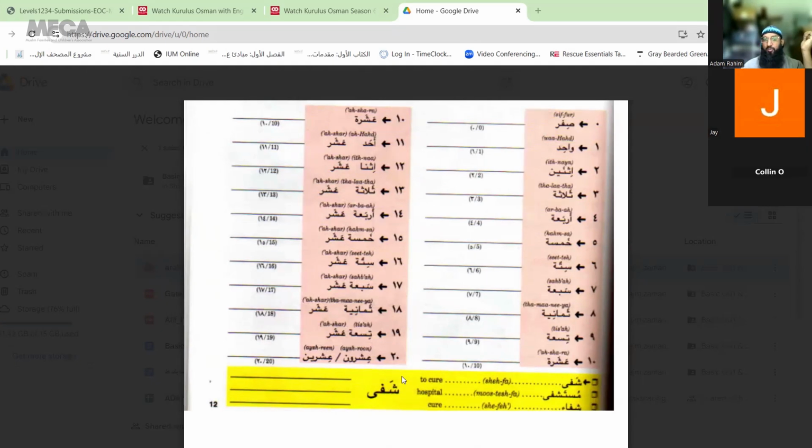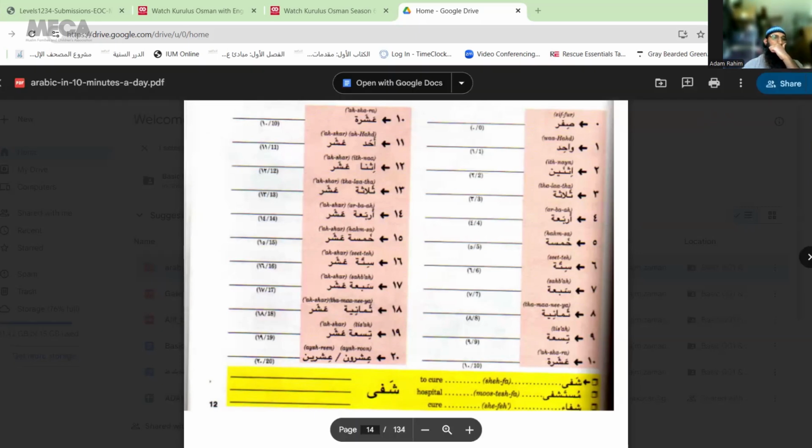Then in the last class, we spoke about the numbers in tens. So we spoke about 20, 30, 40, 50, 60, 70, 80, 90. Brother Colin and Brother Jake, can you guys refresh me on how to say 20, 30, 40? Alaikum Sheikh. Sorry, I was a little late as well.